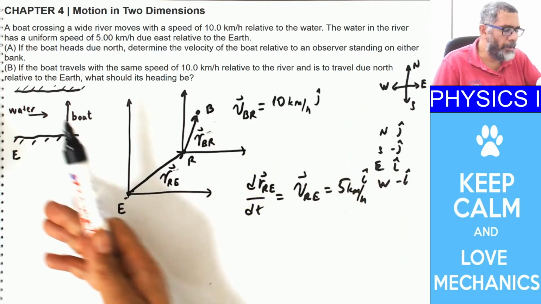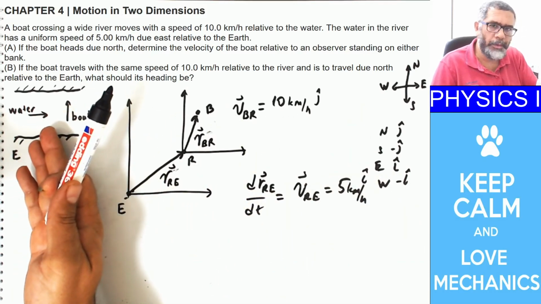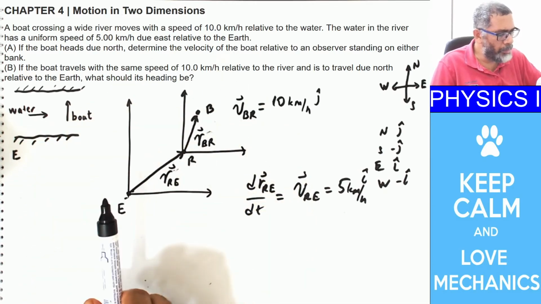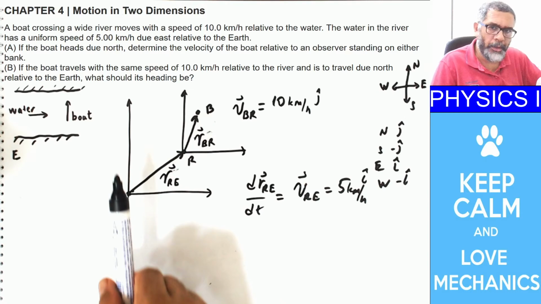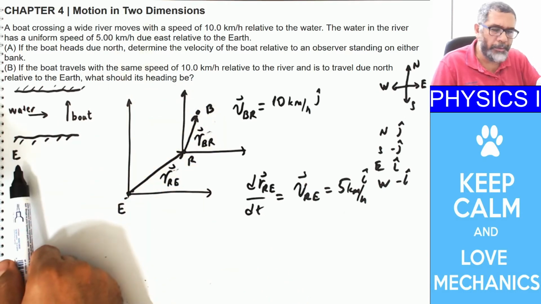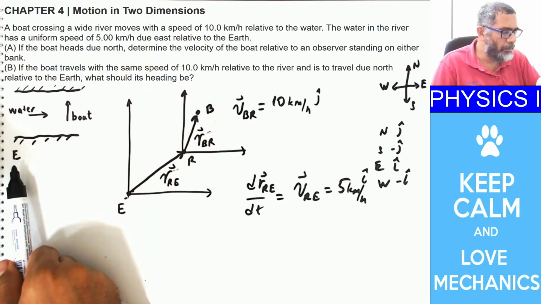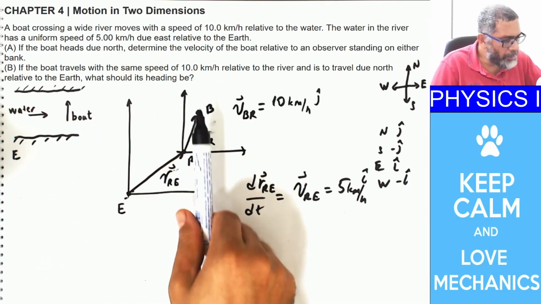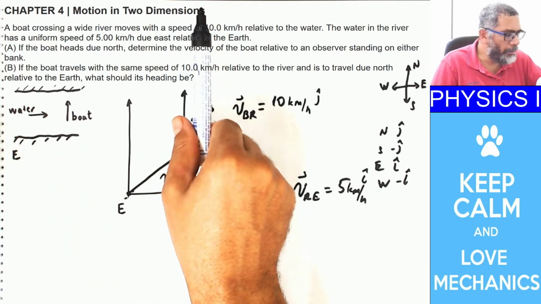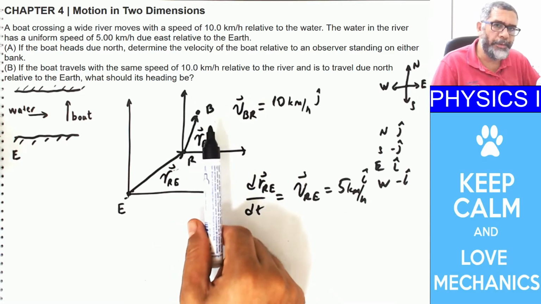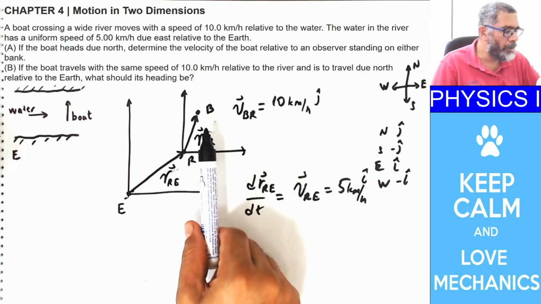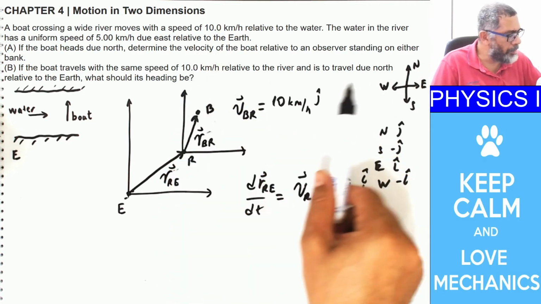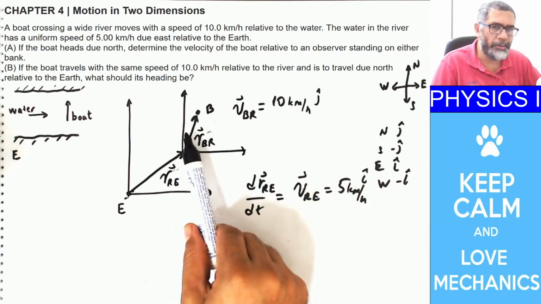So I mean, if there were no flow of the river, if you had still water, then the boat would go in upward direction even with respect to the earth. But the boat is heading up, means that it is moving toward the upward direction, in the north direction, relative to the river, okay.